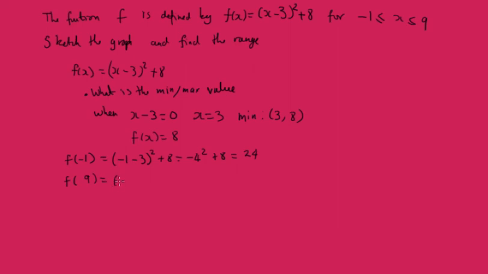So it's going to be 9 minus 3 squared plus 8, which is 9 minus 3 is 6 squared, 36, add 8, which will be 44.